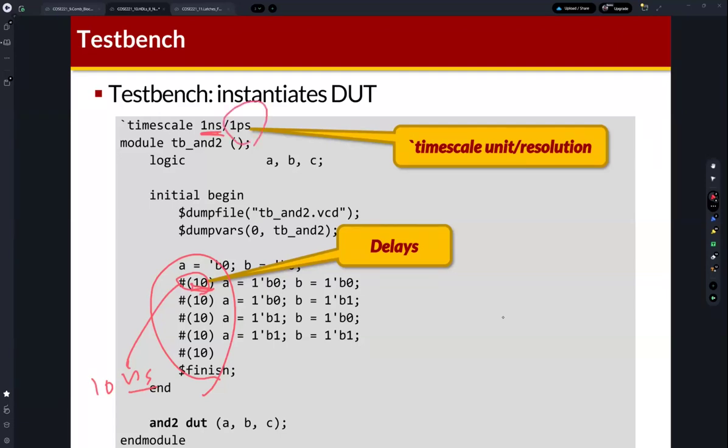Then what is this picosecond? This 1 picosecond, after the time unit, this number represents the resolution that can be used in the SystemVerilog module. What does that mean? What is the resolution?